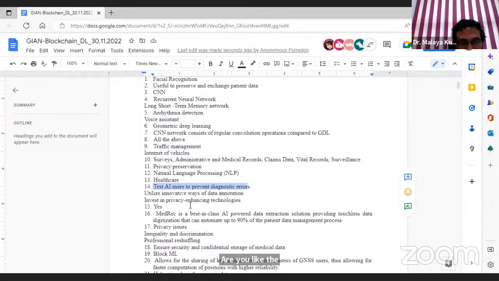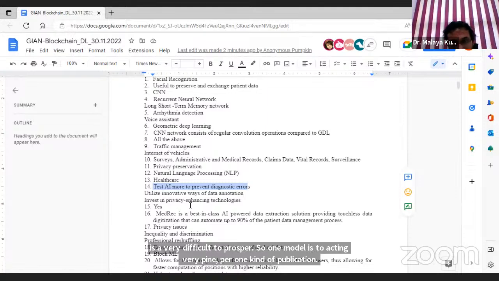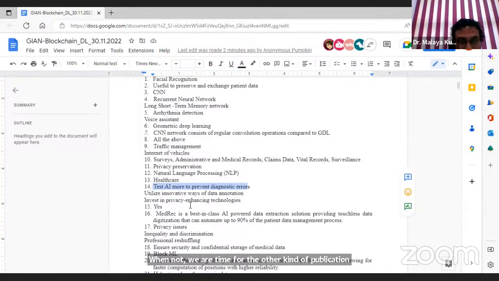AI models are basically black boxes. It is very difficult to trust. One model may work very fine for one kind of application, but may not work fine for another kind of application. So this is a very important challenge. Suppose I develop a model for cancer detection. The same model may not be helpful for detecting tumors, even if we are using the same model.